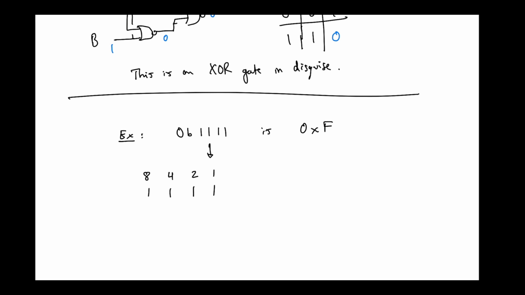Here, we're doing base 2 stuff. So this is a 1 plus a 2 plus a 4 plus an 8, which is 15, or F in hexadecimal.